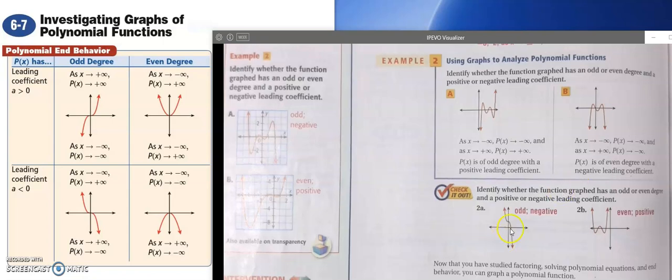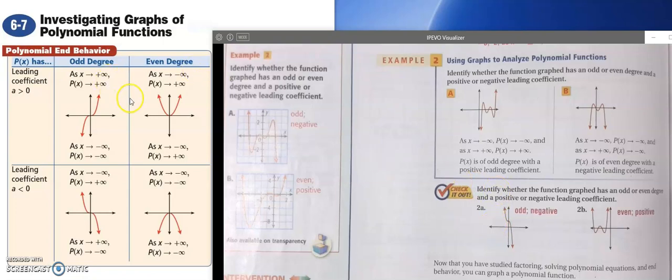All right, let's try 2a. Identify whether the function graph has an odd or even degree and a positive or negative leading coefficient. So if you start at 0, 0, if I go to the left here, as x decreases, what happens to y? My arrow is pointing up. It's going to increase. So as x approaches negative infinity, y increases.